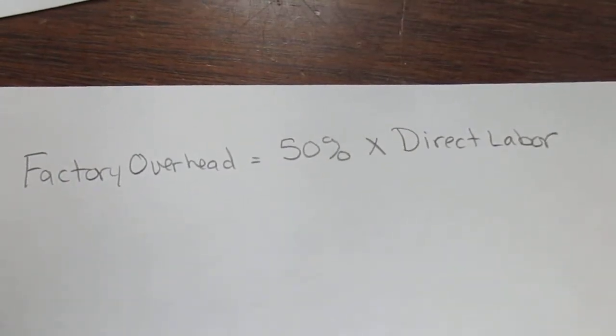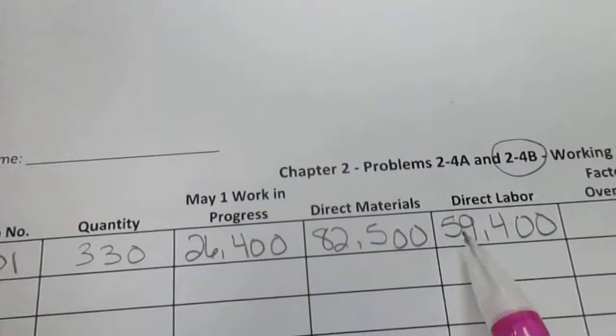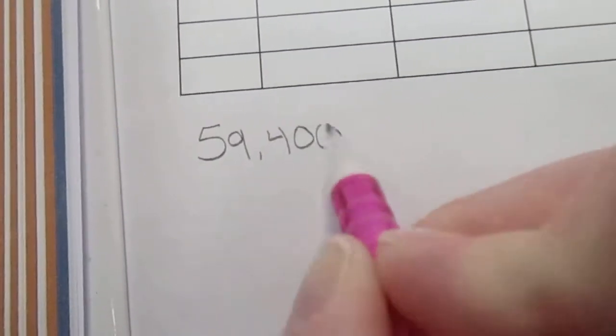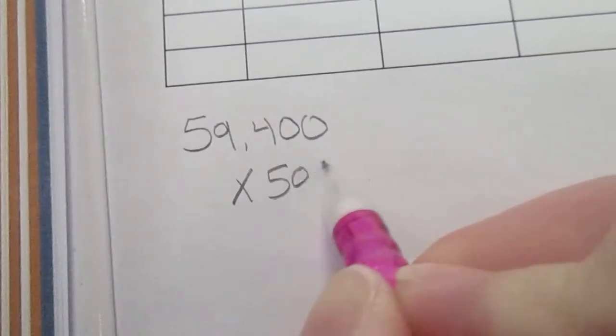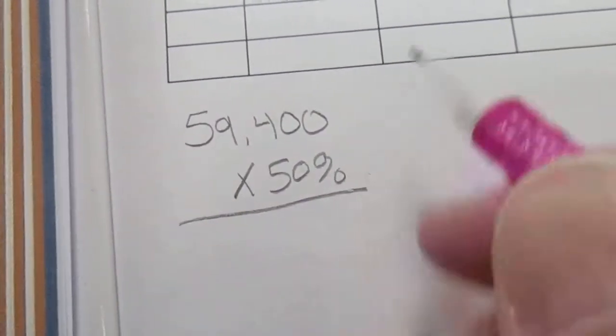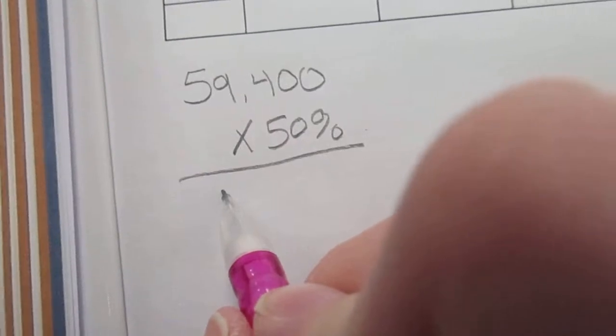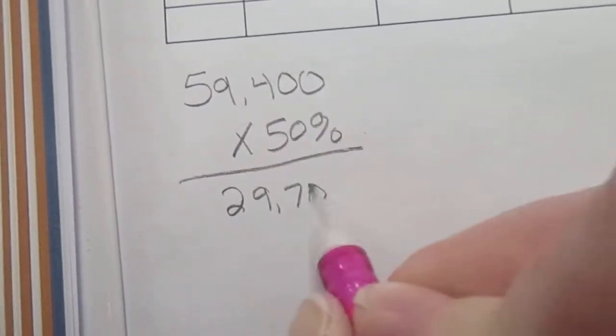So, for example, our direct labor for 101 was $59,400. So we're going to multiply that times 50%, and we're going to get $29,700.